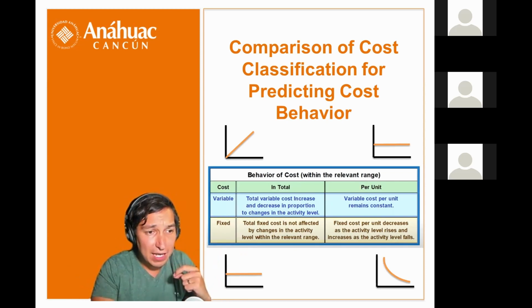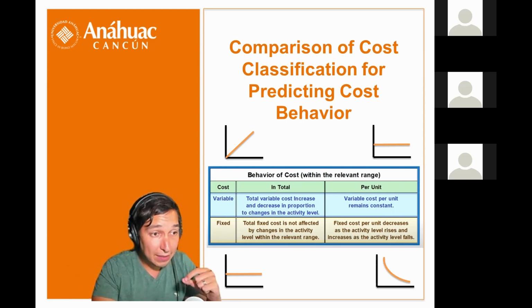We need to be able to visualize what that looks like and what that means. So our variable costs in total, the total variable cost, will increase and decrease in proportion to changes in the activity level.